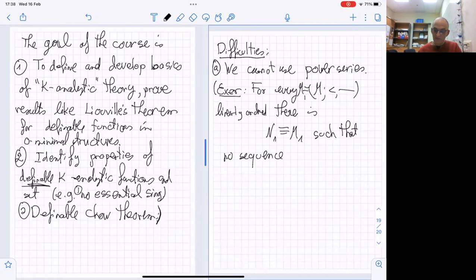No sequence An in N1, with no need even for definability, converges at all.